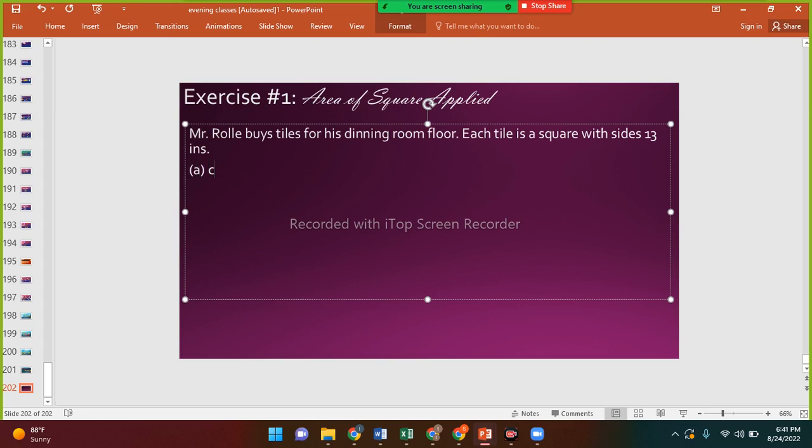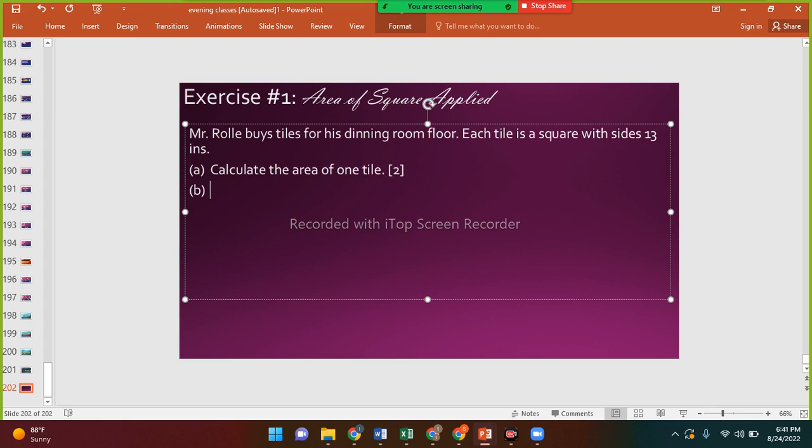They calculate the area of one tile, and that's worth 2 points.